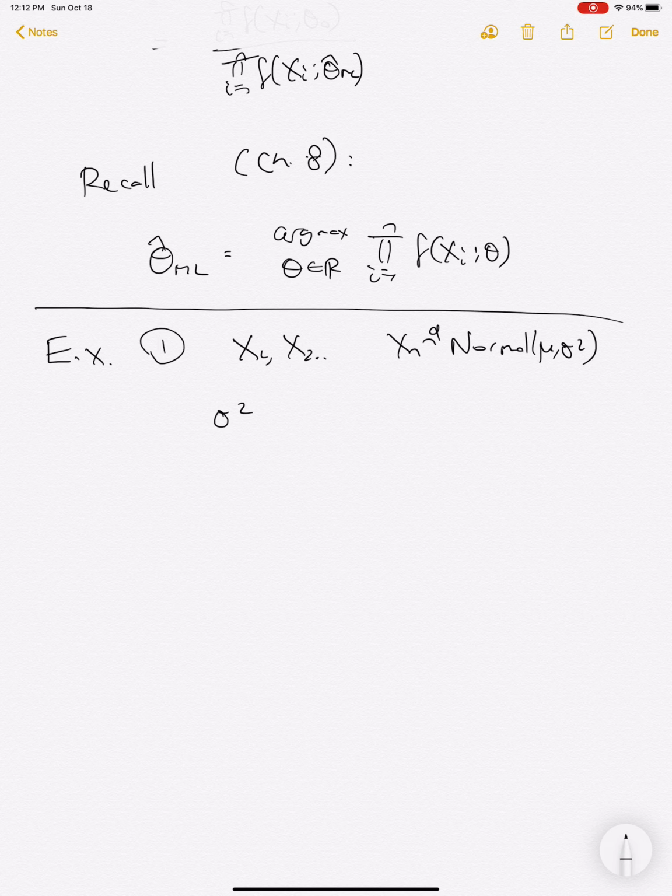So here we've got the normal where sigma squared is known and fixed. Our H naught here is mu equals mu 0, and H1 is mu not equal to mu 0.